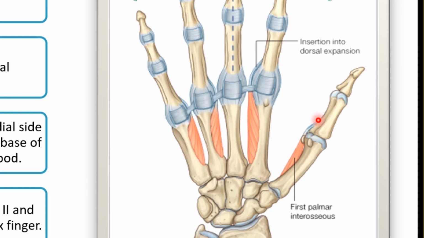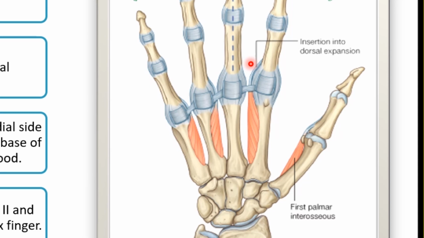Now here is the second palmar interosseous. This also originates from the medial surface of the second metacarpal, and will insert into the medial side of the dorsal expansion of the index finger. This is the insertion into the extensor expansion on the dorsum of the hand.